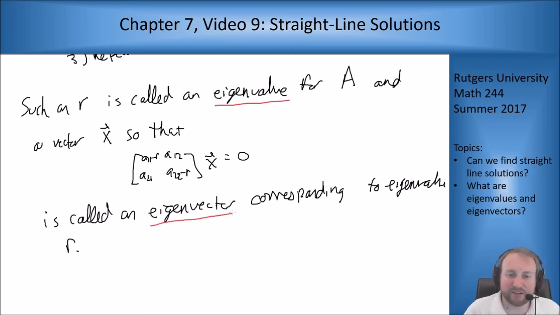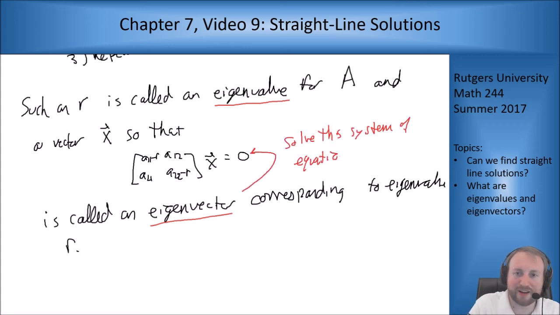Basically, to get the eigenvectors, you just solve the system of equations. When you do that, you're going to end up with a free parameter. Just pick it to be 1 or something that's nice, and solve out from there.